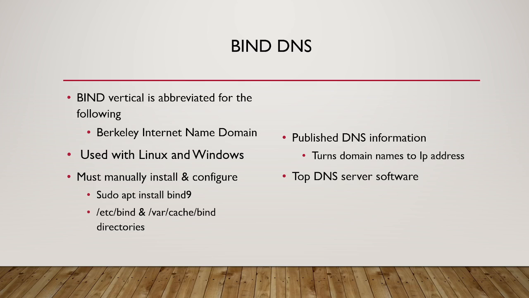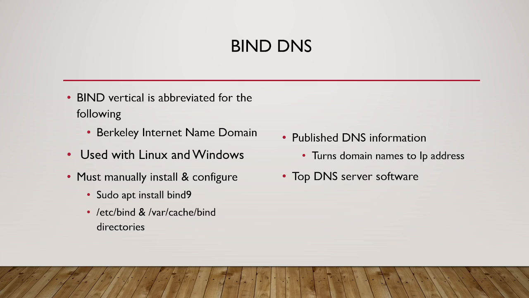BIND is abbreviated for the following: Berkeley Internet Name Domain. It is used with Linux and Windows, and you must manually install and configure. So, of course, the install is sudo apt install bind9, the latest version. But then you have to configure. You want to go to /etc/bind, and then you have /var/cache/bind in directories.